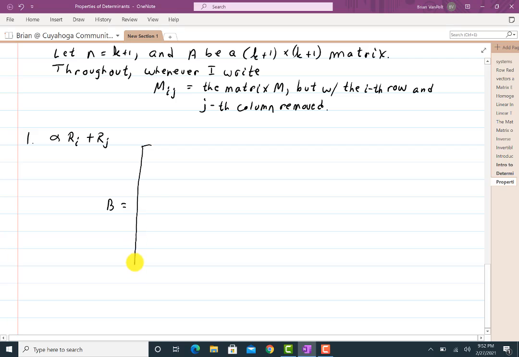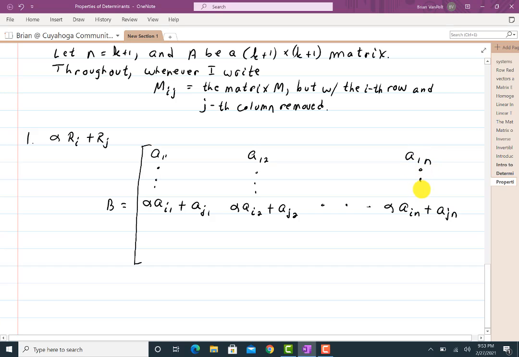We'll be going along fine until I get to row J. I will have alpha Ai1 plus Aj1, and this ends here, A1n.